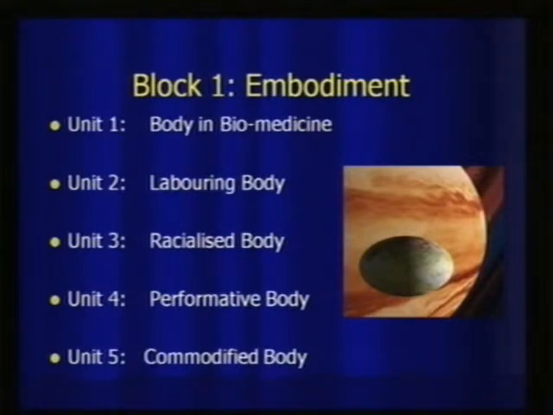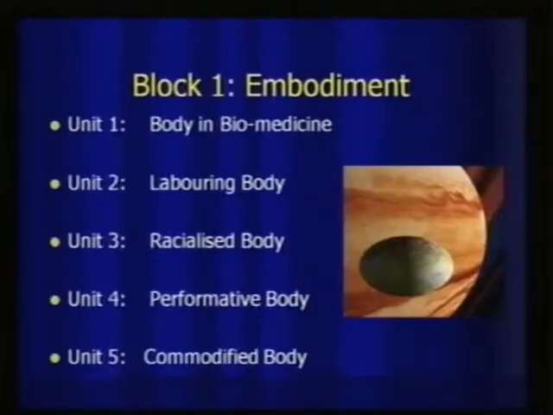Like the male performative body has always had the element of hegemonic masculinities like aggression, self-reliance, drive, ambition, and these characteristics have always been incorporated in the production of the male body on the stage.